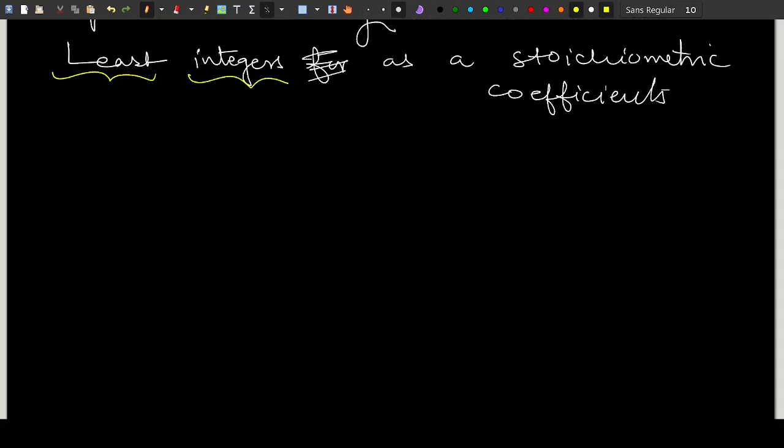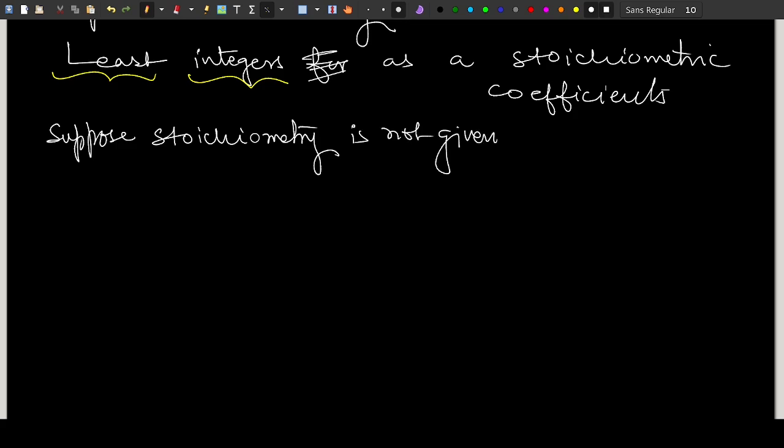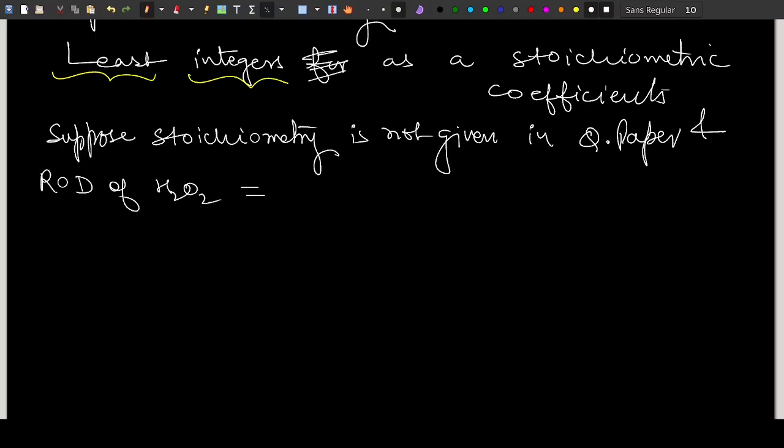Now here, suppose that stoichiometry is not given in the question paper and rate of disappearance of H2O2 is given 10 mole per second, then which stoichiometry should we adopt?